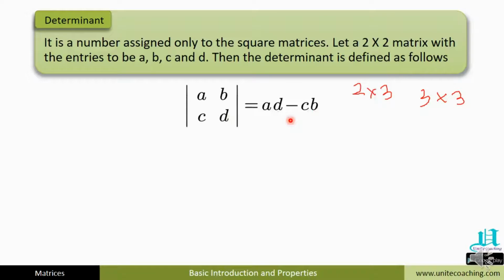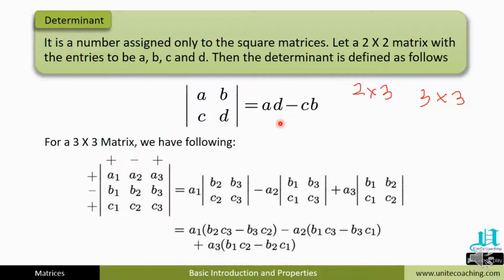Now calculating the determinant of a 3 cross 3 matrix is a little bit tricky. Let's say we have a 3 cross 3 matrix with the entries A1, A2, A3, B1, B2, B3, C1, C2, C3. In this case we are going to calculate the determinant on the basis of the first row.